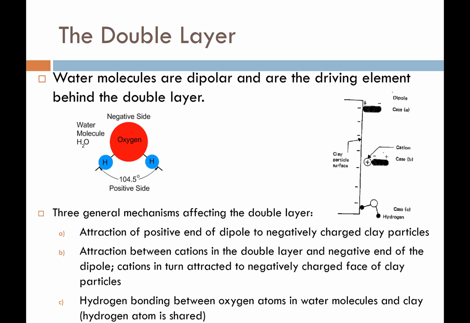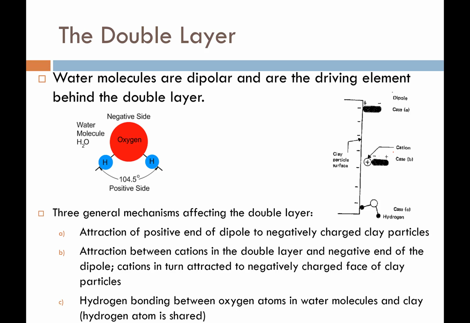Another option, though, is if, say, I have a cation, like aluminum or magnesium or calcium, and it decides to attach itself to those exposed hydroxyls. If that's the case, well, now the negative side of the water attaches itself to the cation. So that's going to be the oxygen side of the water, which will then leave the positive side exposed, which will attract additional anions.